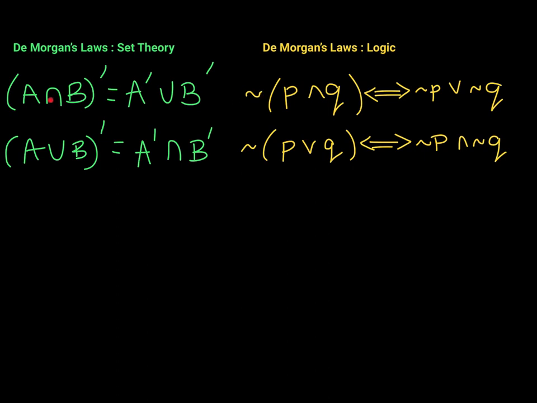This intersection can be compared to the and. Union can be compared to or. So union and or are equivalent, intersection and and are equivalent, and the complement and negation are equivalent. Just the similarities here between De Morgan's laws as they relate to set theory versus De Morgan's laws as they pertain to logic.